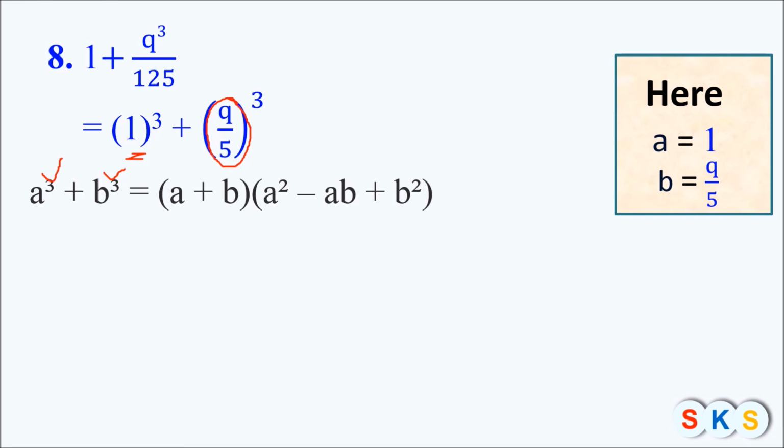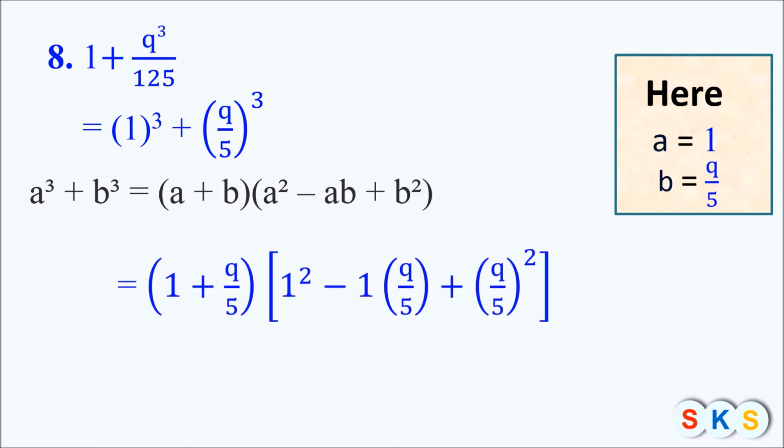Now we are going to substitute here the value of a and b in this formula. So what we will get here, equals a plus b. At the place of a plus b, what is a? You can see in the box it's 1. Correct? So at the place of a I have written 1. What is the second term in the bracket? It's b, and you can see what is the value of b in the box? It's q upon 5. So you can see I have replaced b by q upon 5.